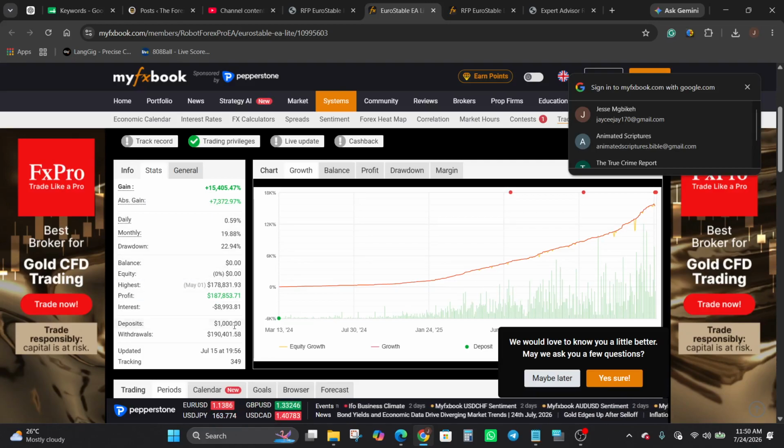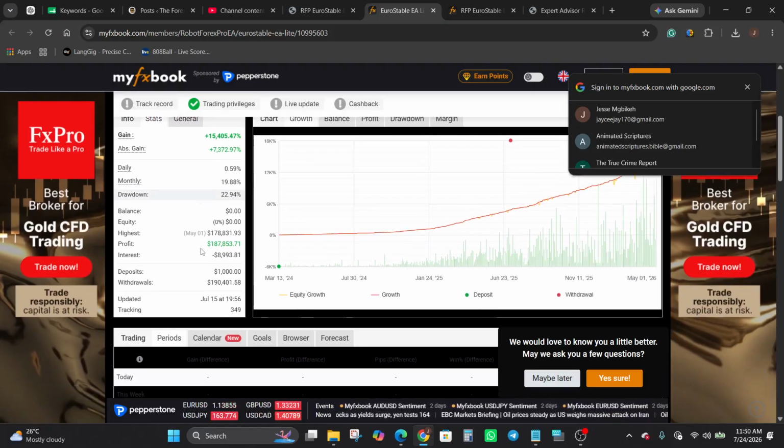You can see the deposit was $1,000 and withdrawals were $190,401. Wow. The drawdown here was 22.94%, the monthly drawdown 19.88%, the monthly gain 19.88%, and the daily gain 0.52% on average.